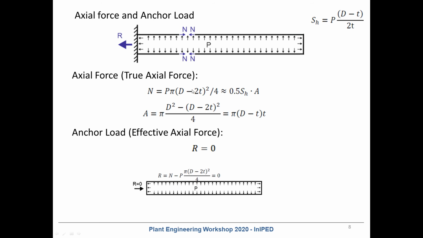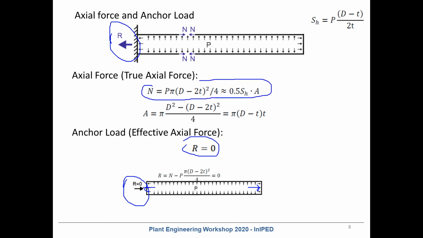Let's imagine that our pipe is a balloon that has two end caps, and the pressure that is acting on the left cap and on the right cap are balanced. So the final force on the anchor will be zero. So we have two forces. One force is internal force inside the pipe cross section, and the other force is the anchor load, the load on the anchor, and it is zero in this example.